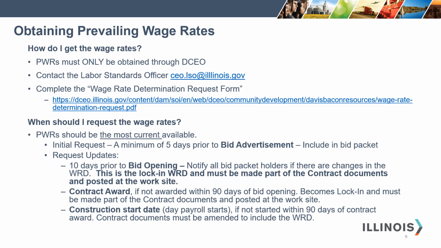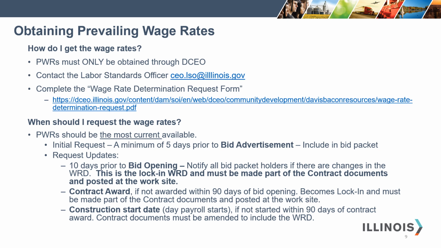Prevailing wage rates for your CDBG funded projects must be obtained through DCEO's Labor Standards Officer. You must complete the wage rate determination request form that can be found on DCEO's website. Prevailing wage rates should be obtained at the time of bid advertisement. Please request the wage rate determination a minimum of 5 days prior to bid advertisement.